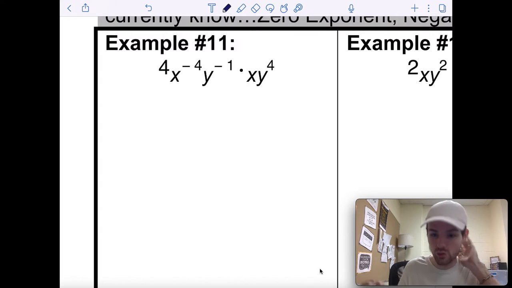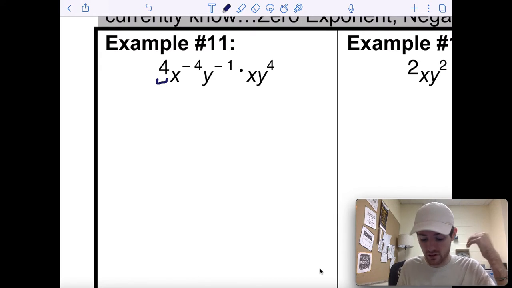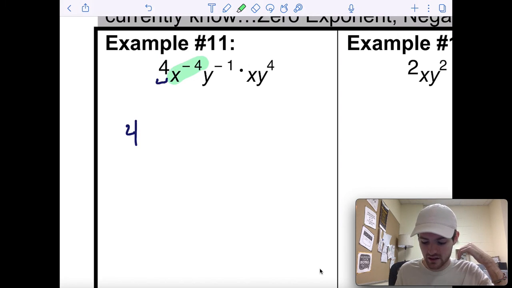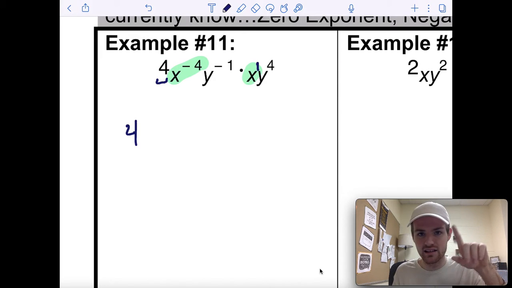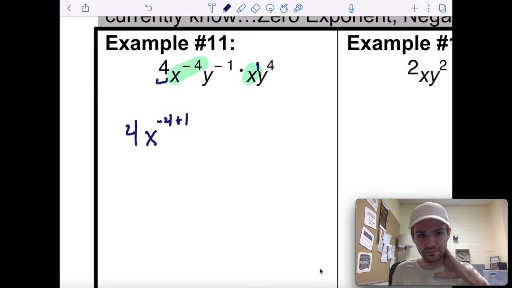So this will go base by base. Here I see the base 4. Well, I don't see any more base 4s, so I'll just rewrite it. Then let's go on to the base x. I see a base x here, I see a base x here. Let's remember once again, this x has that invisible 1 exponent. So when I group these together, I'm just taking those exponents exactly how I see them and adding them.